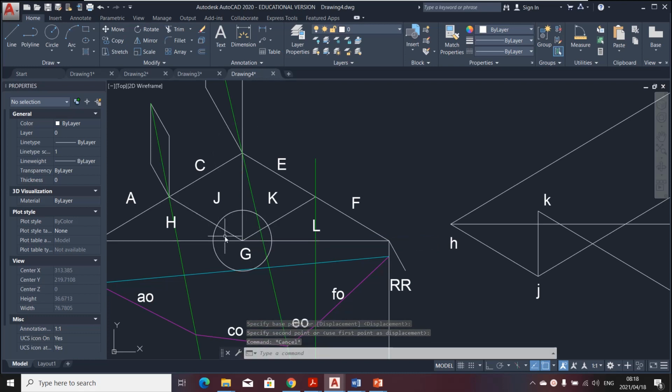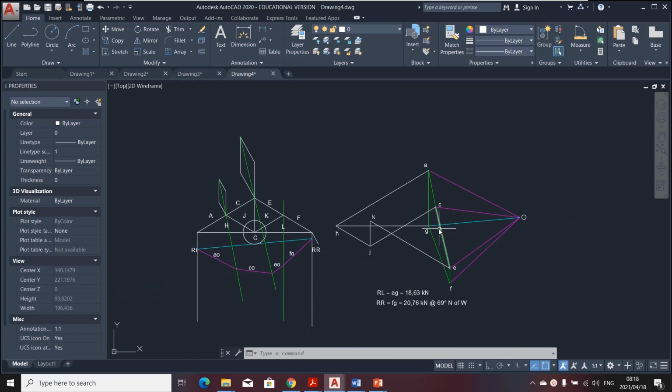Now, of the 5, these 3 I have, I'm left with this one. I'll start with the easiest one. The easiest member is gonna be my GL, which is horizontal. I do have already the horizontal member G, which is this one.